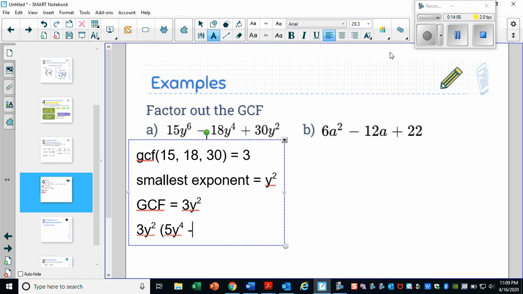Minus 18 divided by 3 is 6. Y to the 4th divided by y squared is y squared. And then last but not least, 30y squared divided by 3y squared is just 10. No y. Y squared divided by y squared is 1. So do not put the y for that last term.